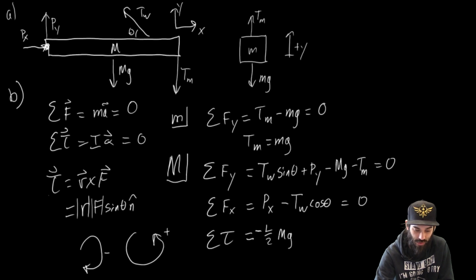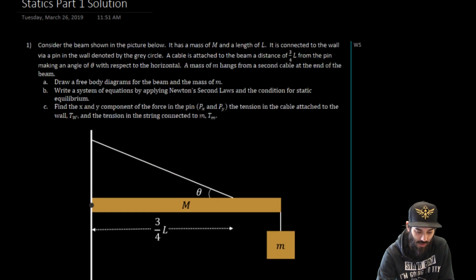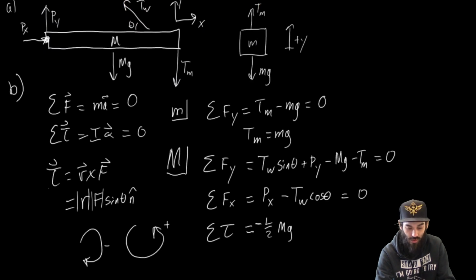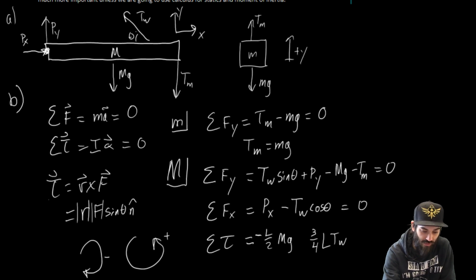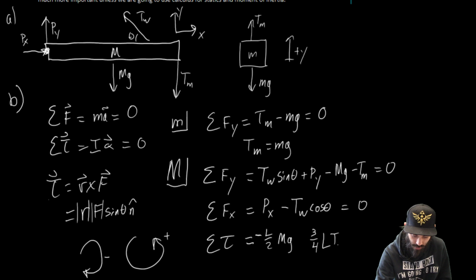The next one that we see when we're walking along here is the torque created by the tension. This is at some distance 3/4 L, so this is 3/4 L times the force, which is T sub w, times the sine of the angle between r and F, which in this case is theta.